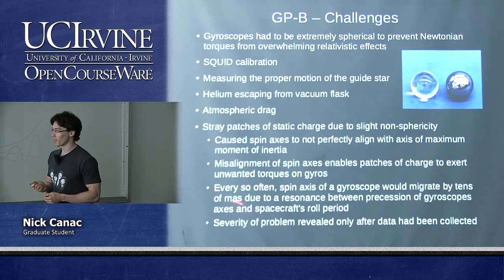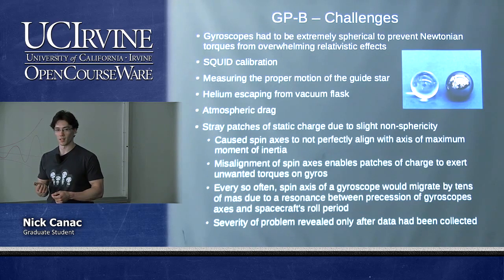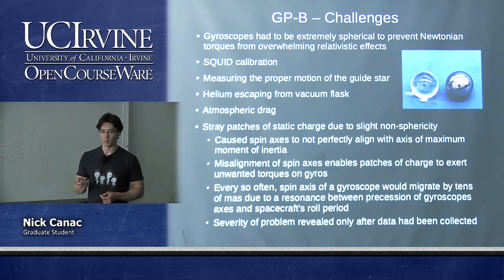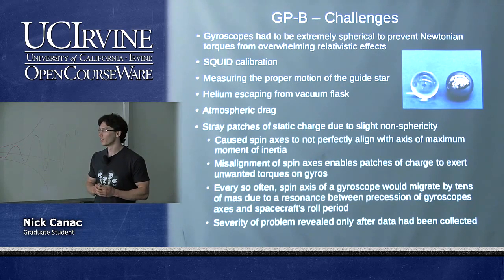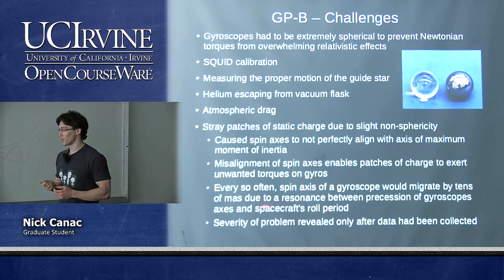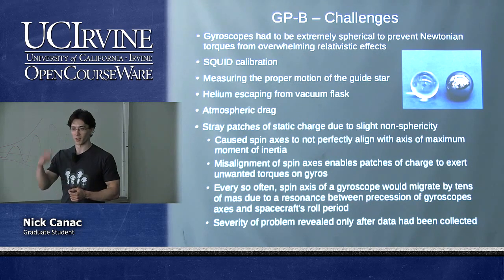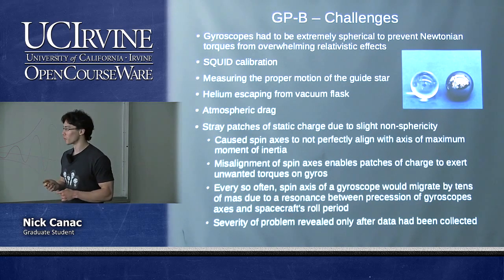And another thing, which I think was completely unexpected, was that every so often they noticed that the spin would migrate by tens of arc seconds over the course of a day. And the reason for this was because there was some resonance going on between the precession of the gyroscope's axis and the spacecraft, which was rotating in order to cancel out some torques.